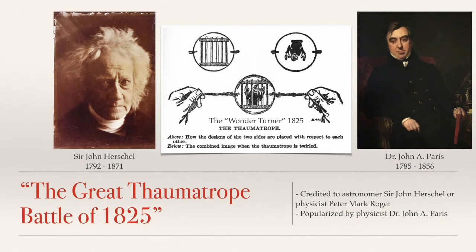There's still some debate, however, of which gentleman was the quote-unquote first inventor. Herschel may have invented it, but it was a well-known London physicist, Dr. John A. Paris, who made this toy popular. He was also the person that mass-produced the thaumatrope object and made it possible for the average person to experience the wonders of motion.